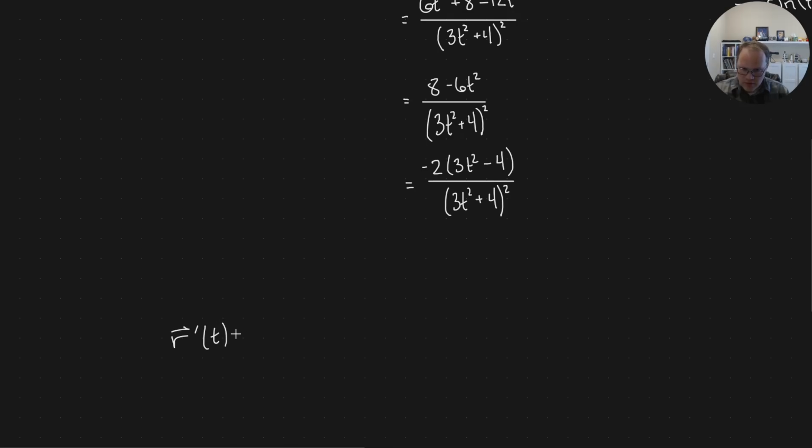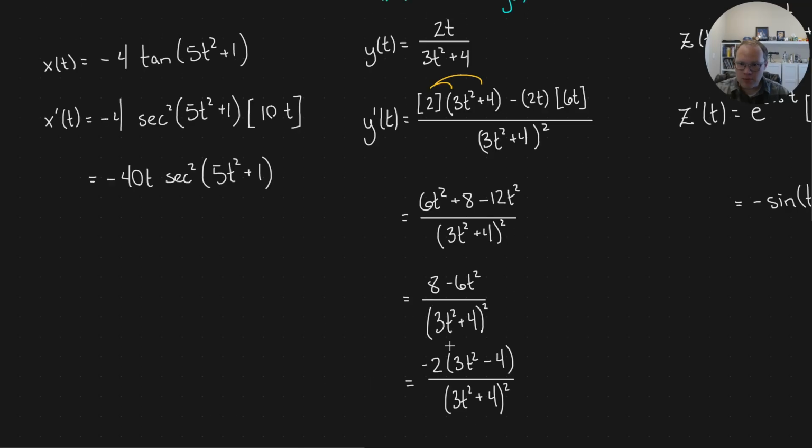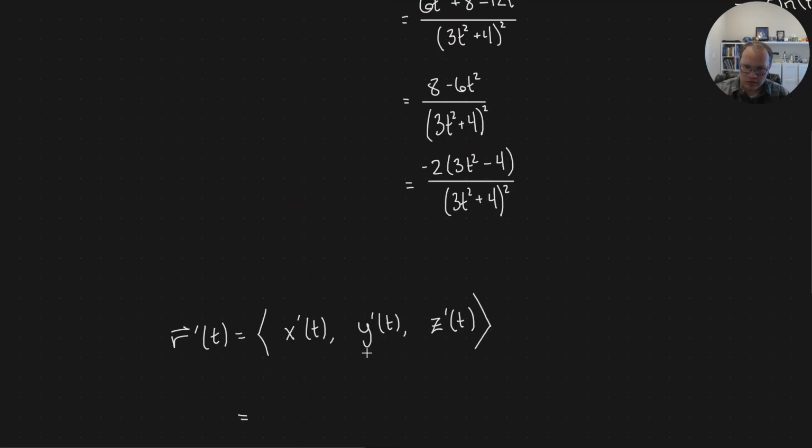The derivative of the vector valued function is the vector valued function where the components are the derivatives of the components of the original function. So x prime of t, y prime of t, z prime of t, we found those. X prime of t was negative 40t secant squared (5t squared plus 1).